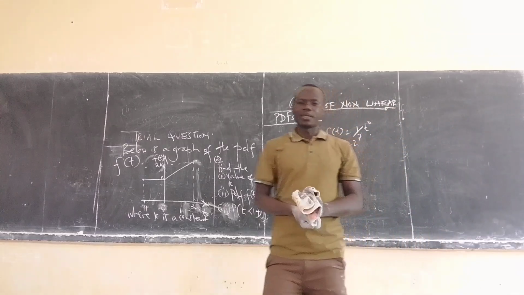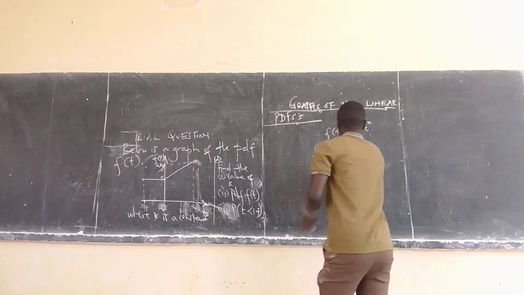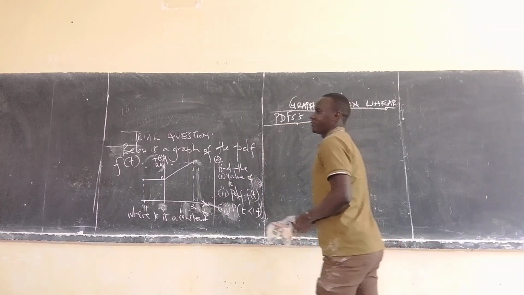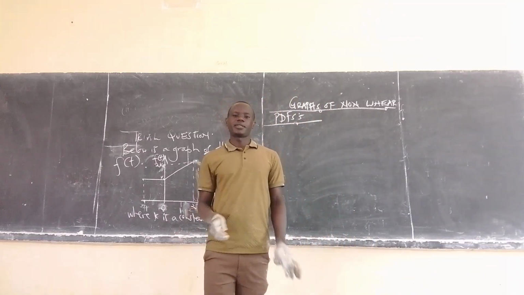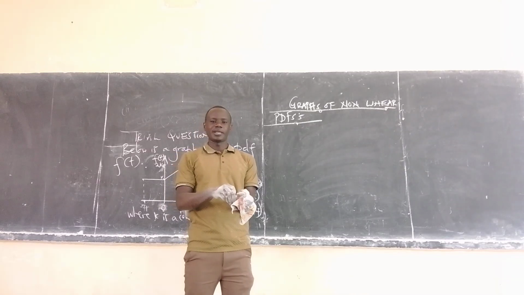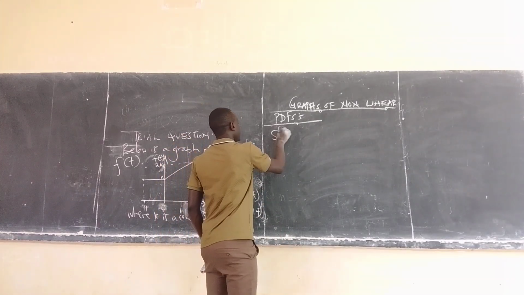So we want to deal with the nonlinear ones. Now, if you have a nonlinear PDF and you want to sketch it, you begin by doing the following. So these are the steps.